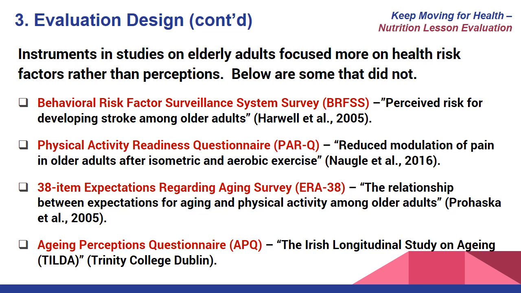One of them being one that we have seen before, the Behavioral Risk Factor Surveillance System Survey. We've seen the youth version of this as well, and that was gauging a perceived risk for developing stroke among older adults. There was also an interesting one with the Physical Activity Readiness Questionnaire.